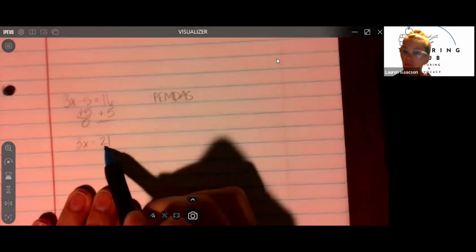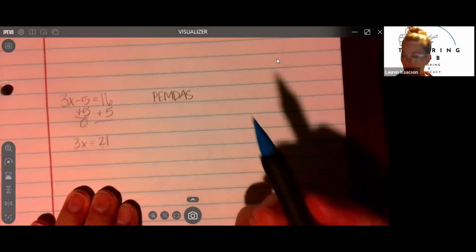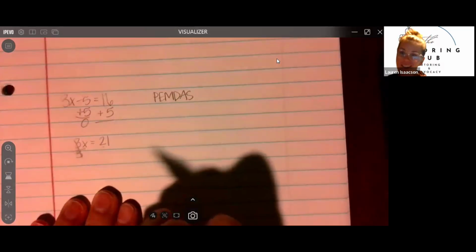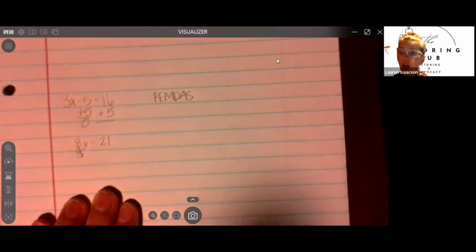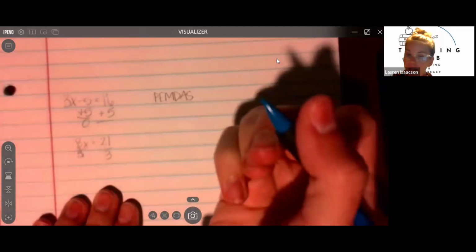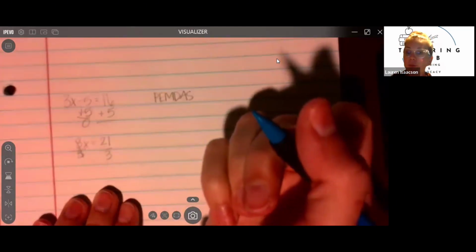What is the opposite of multiplying? Dividing, so we're going to divide by 3. 3 divided by 3 cancels out because it is 1, and 1 times x is x. That's using our identity property. Now, 21 divided by 3, I know my facts, is 7. So x equals 7, our variable is 7.